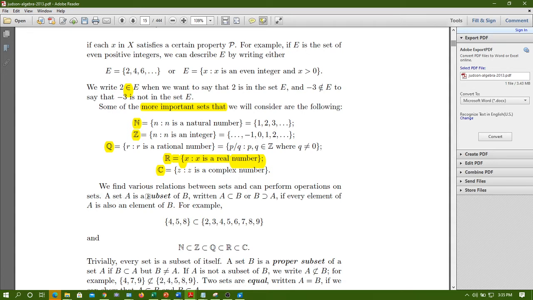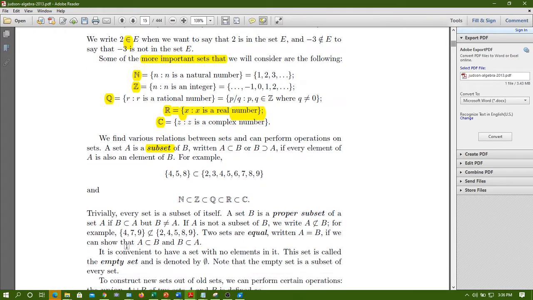A set A is a subset of B, written A subset of B or B superset of A, if every element of A is also an element of B. For example, the relationship between these sets of numbers: N is a subset of Z, Z is a subset of Q, Q is a subset of R, and R is a subset of C. Therefore, the highest among them is the complex numbers, because complex numbers cater to real numbers, and under real numbers we have rational numbers, we have integers, and from integers we get the counting numbers.